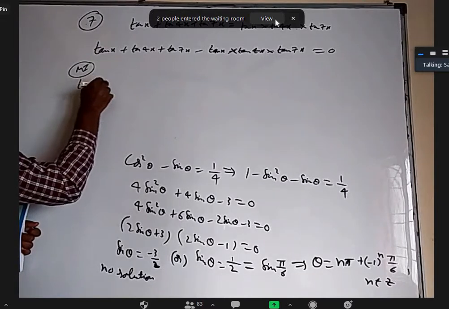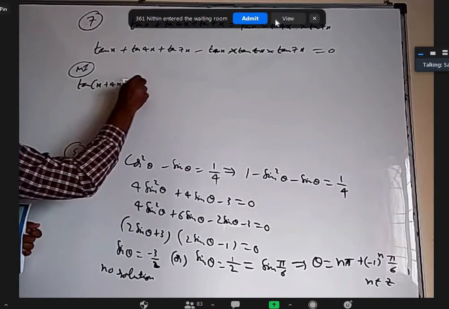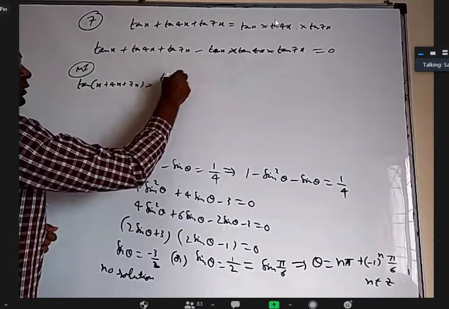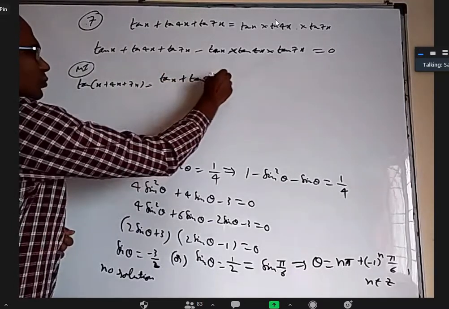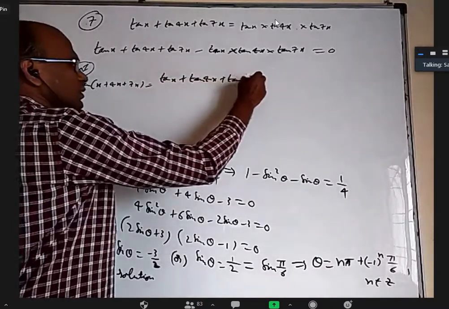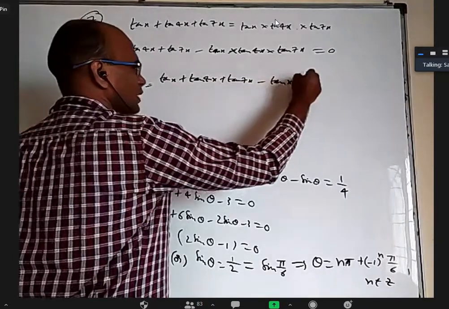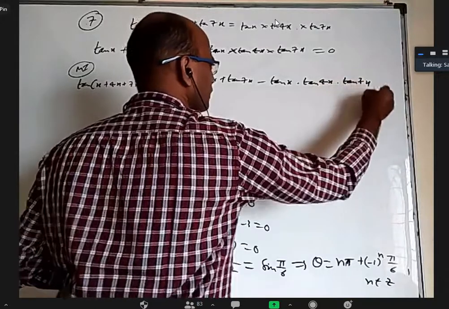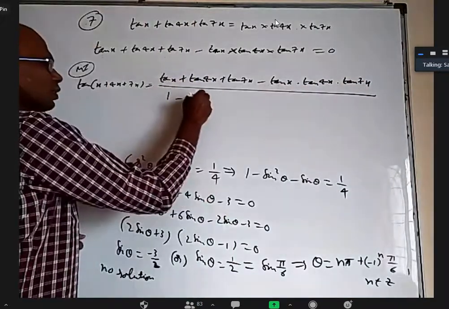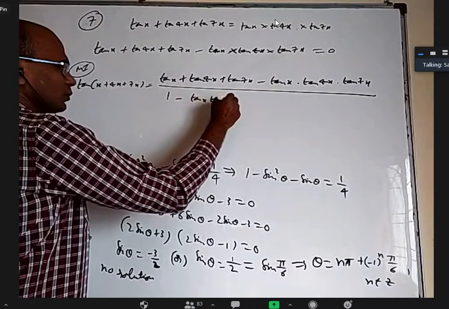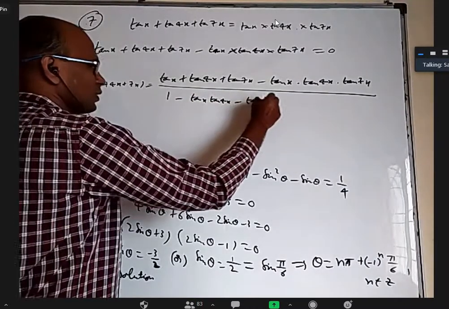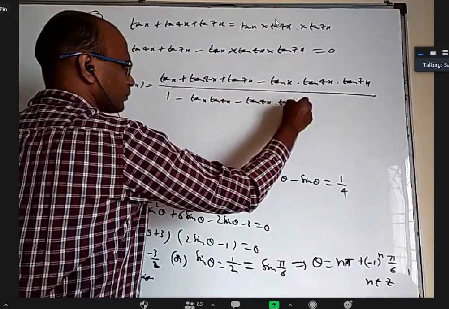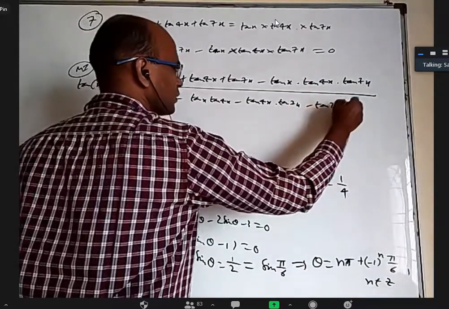Tan of x plus 4x plus 7x is equal to tan x plus tan 4x plus tan 7x minus tan x into tan 4x into tan 7x by 1 minus tan x tan 4x minus tan 4x tan 7x minus tan 7x tan x.